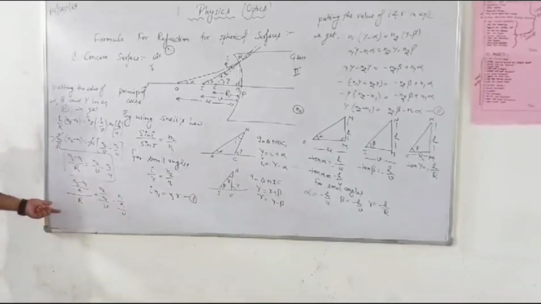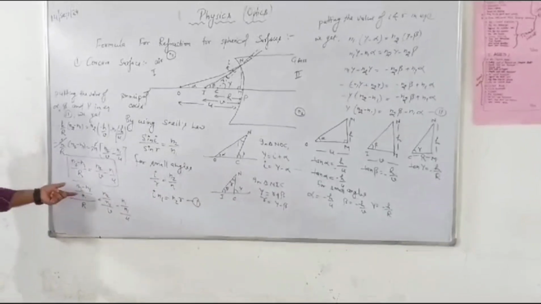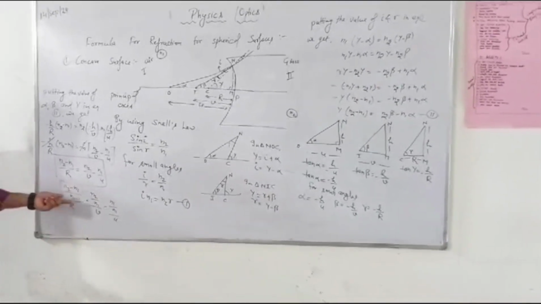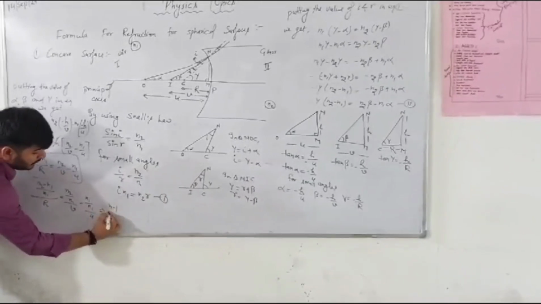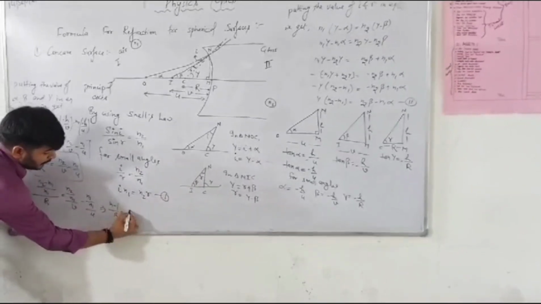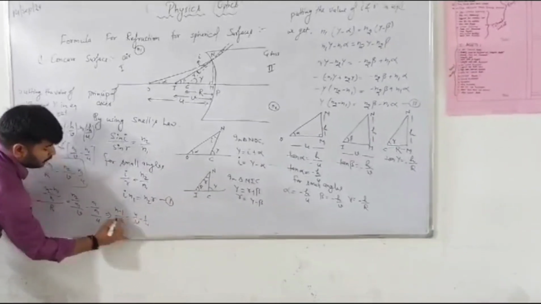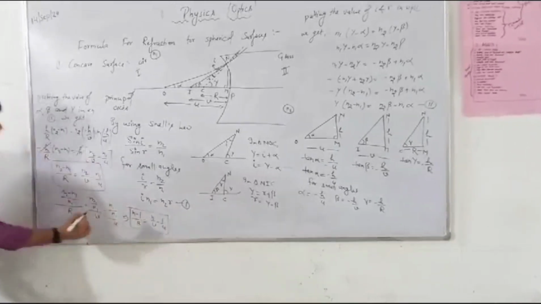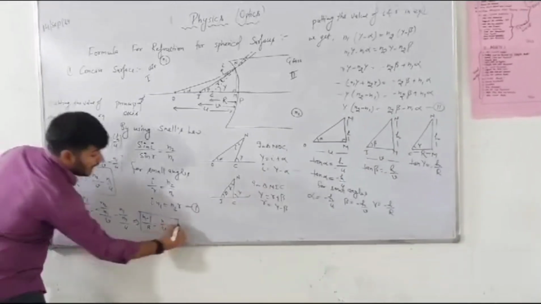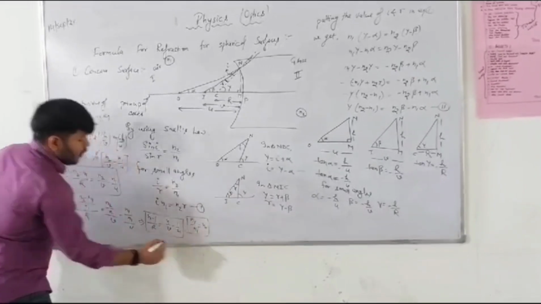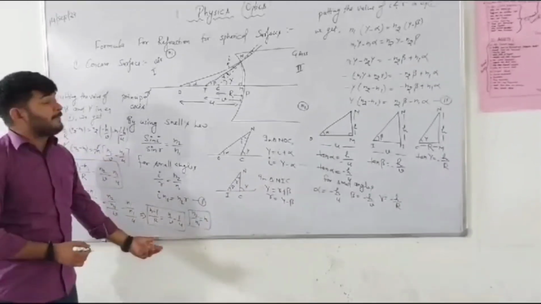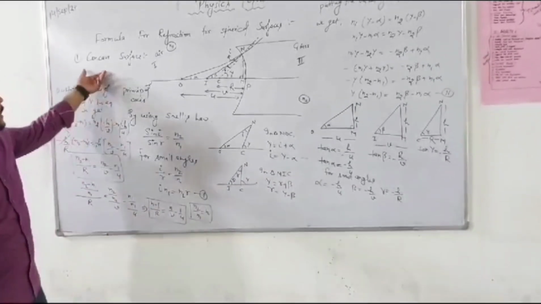What we have done here is just divide the complete equation by N1, so we get n minus 1 upon r equals n upon v minus 1 upon u, because N2 upon N1 equals n. So that is the formula for refraction at a spherical surface for a concave surface.